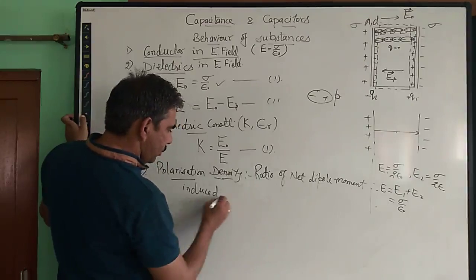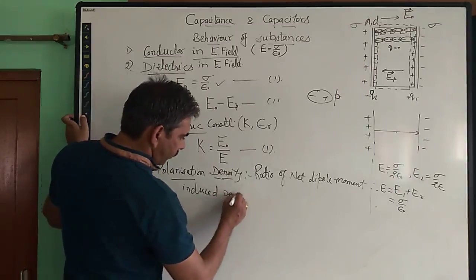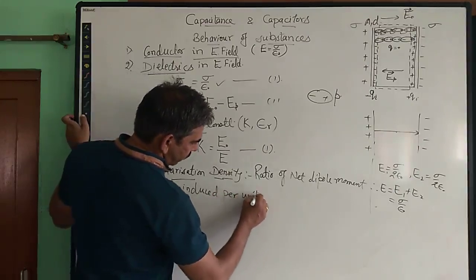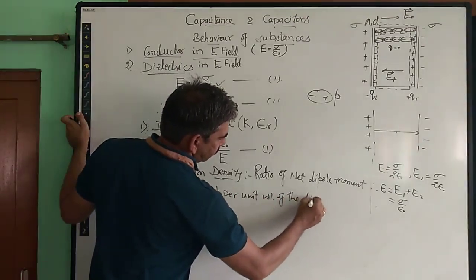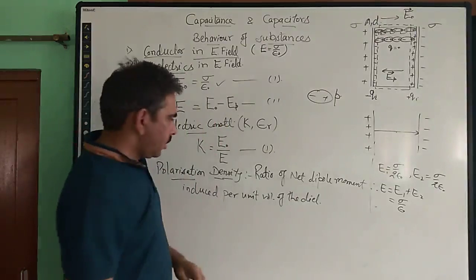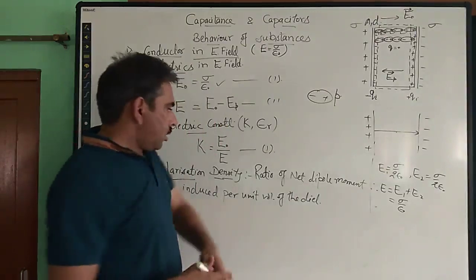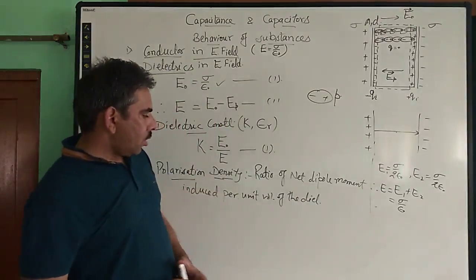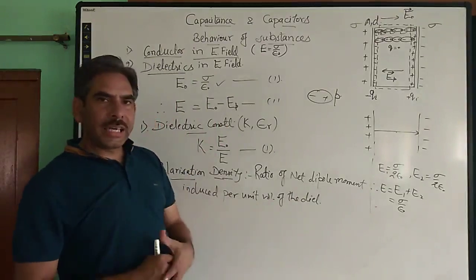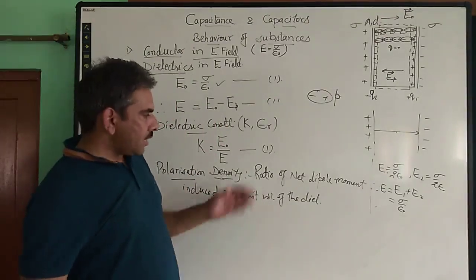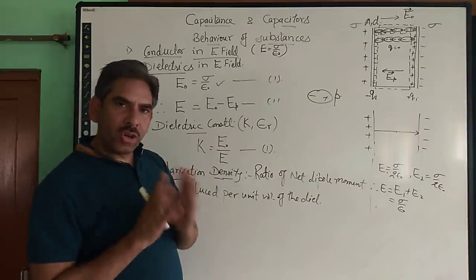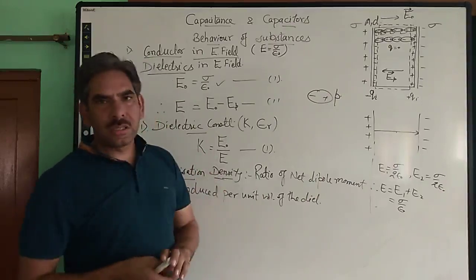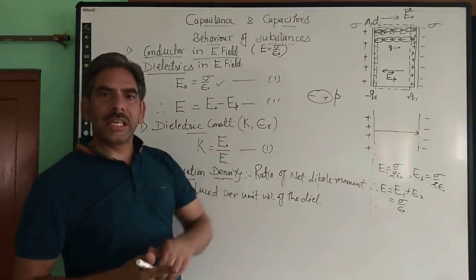You can write it here: induced per unit volume of the dielectric, right? So, in one unit volume of the given dielectric substance, what is the dipole moment that has been induced? By knowing that, we can say what is the polarization density of the dielectric.